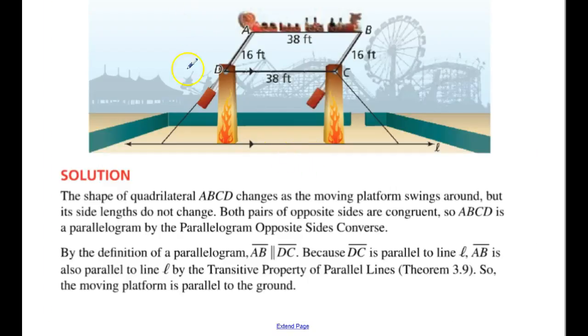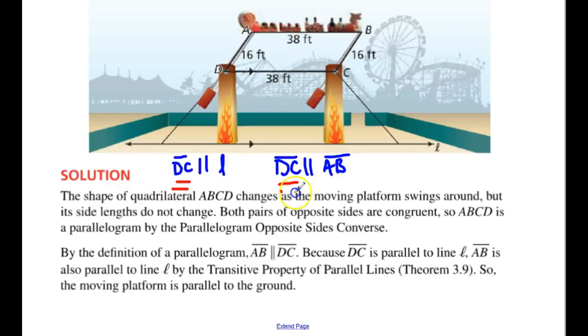So now let's look at that drawn out, because sometimes that can help too. So if I know that segment DC is parallel to line L, right, which is the ground, and I know that DC is parallel to AB, right, which I just proved because the opposite sides are congruent, I see here that I have 2 things that are the same.